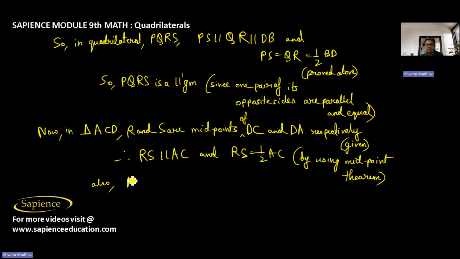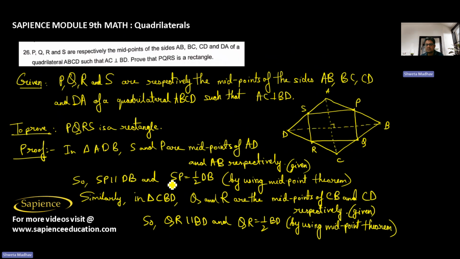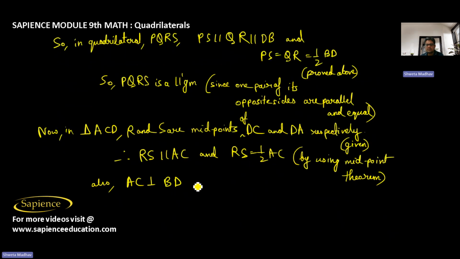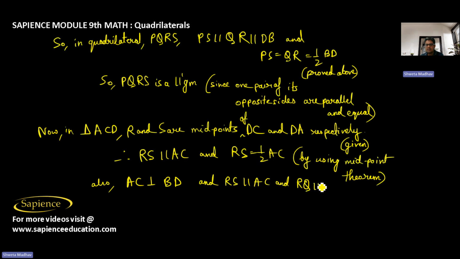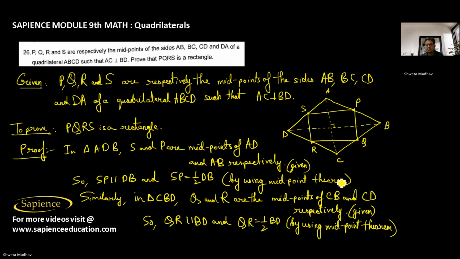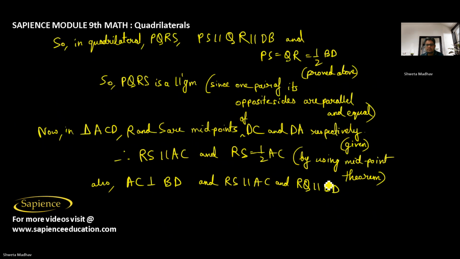And also AC is perpendicular to BD, and RS is parallel to AC, and we have proved that RQ is parallel to BD. So AC is perpendicular to BD since it is given, and RS is parallel to AC and RQ is parallel to BD, which we have proved above.